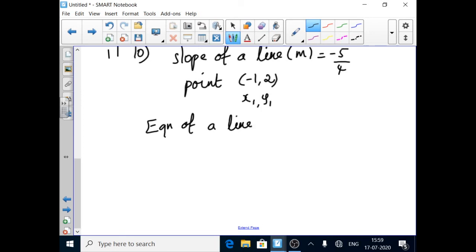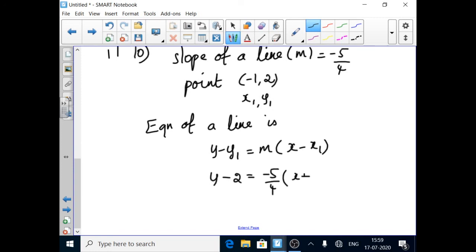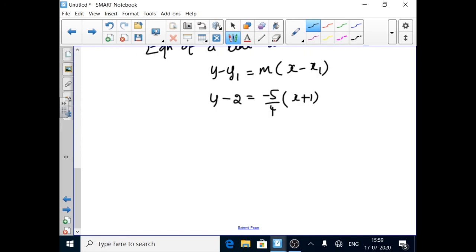If they give one point and one slope and ask for the equation, this formula only: y - y1 = m(x - x1). So y - 2 is equal to -5/4 (x + 1). So the 4 comes to the opposite side. So 4y - 8 = -5x - 5.